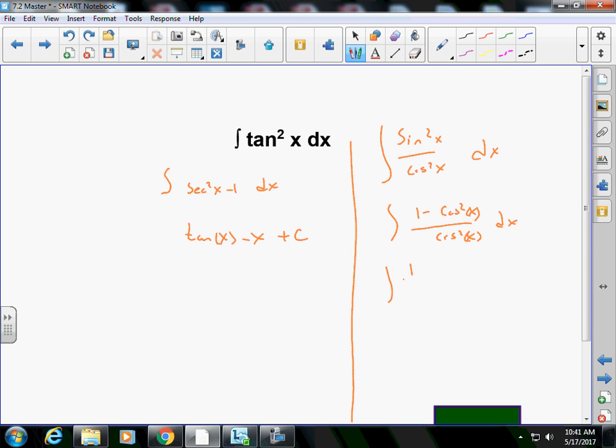I could have broken that up to be 1 over cosine squared x minus cosine squared x over cosine squared x dx. That gives me secant squared x minus 1 dx, which is where I started off over here. Boy, it's a lot easier if I understand my Pythagorean identities as opposed to changing everything in terms of sines and cosines. It could definitely save me some time.